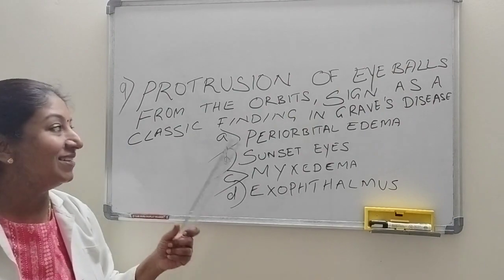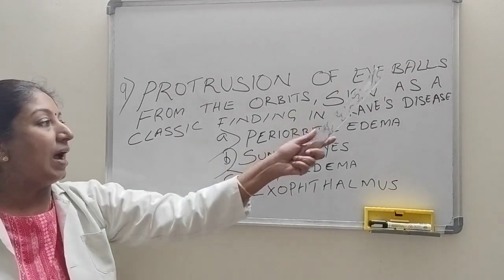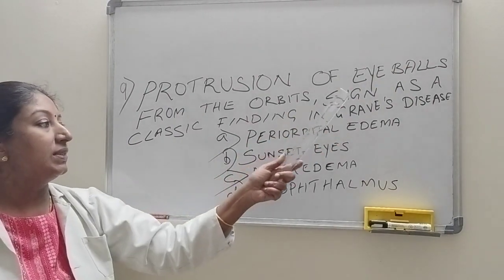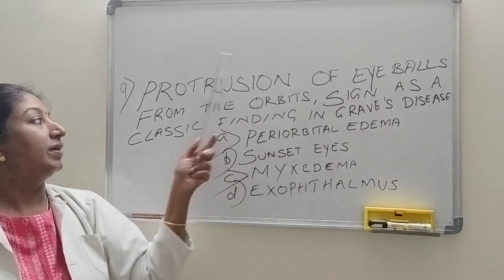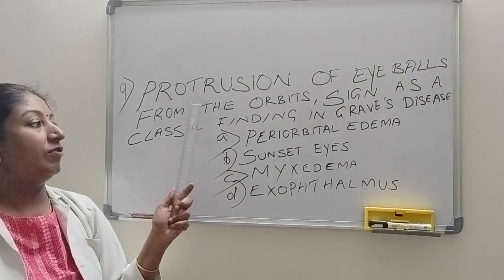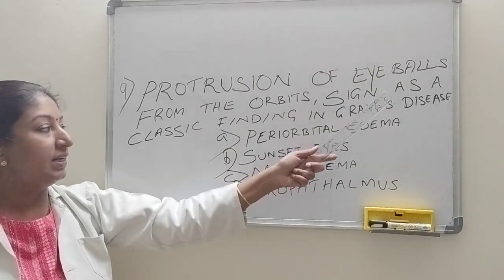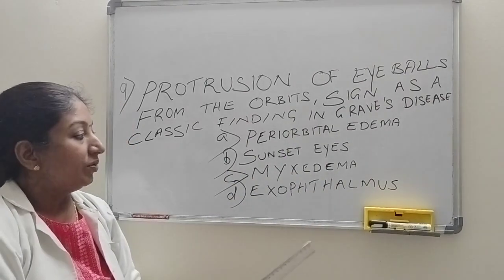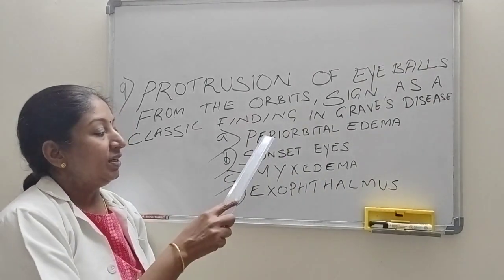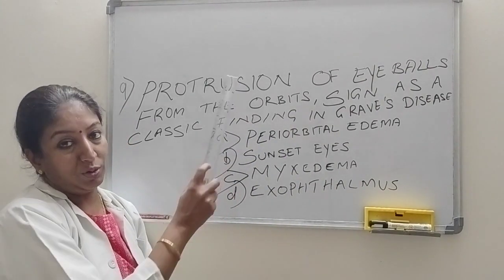So next question is: protrusion of eyeballs from the orbits is a classic finding in Graves' disease. So among these options, we have to see what is the name for that.